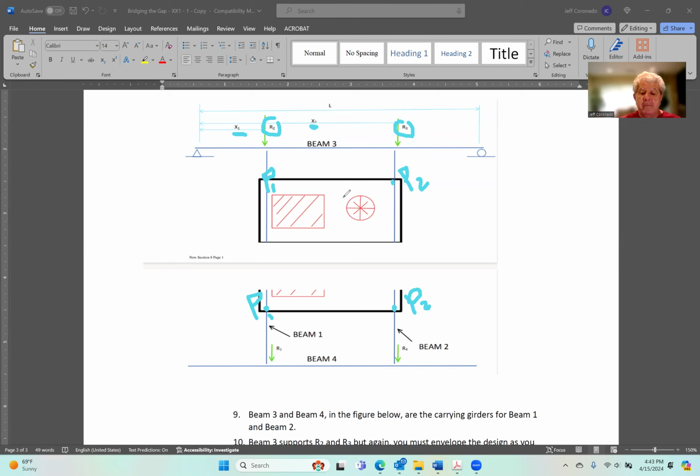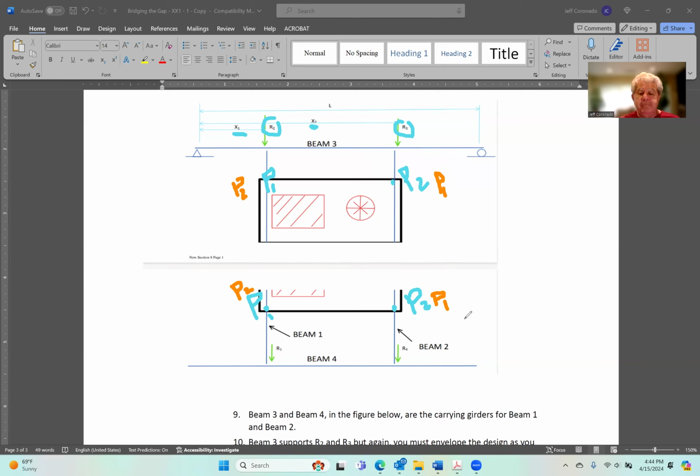But keep in mind that the unit can be inverted, right? So that instead of this being P1, this might be P2. And this might be P2. And this might be P1. And this might be P1. So if that's the case, again, depending on the location, depending on X1 and X2, that might give you higher shears or higher bending.